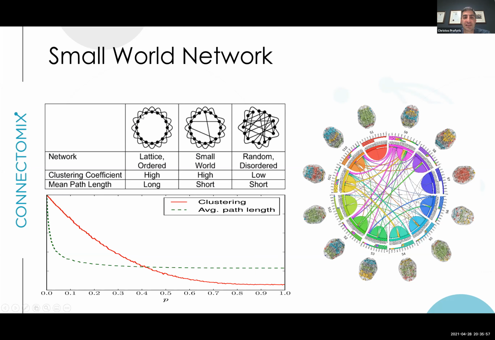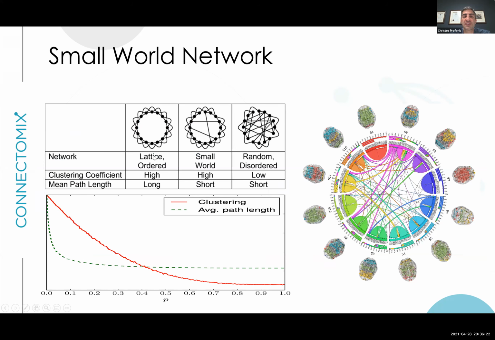A lattice is basically nodes next to each other, which are directly connected to their neighbors. It's ordered and organized. What they then did is use a computer model to randomly delete some of these edges, the lines connecting the different nodes, and then connect them to further targets.